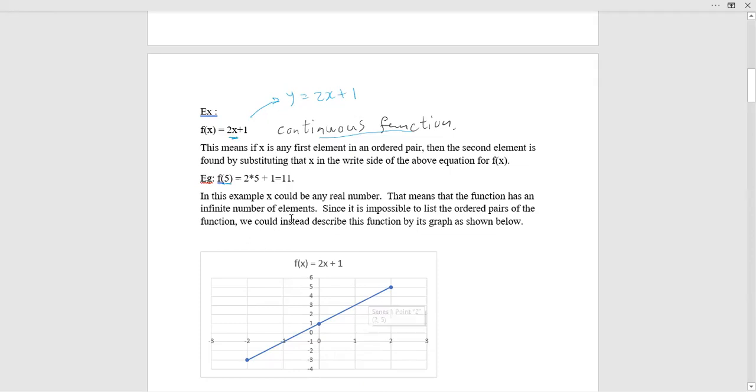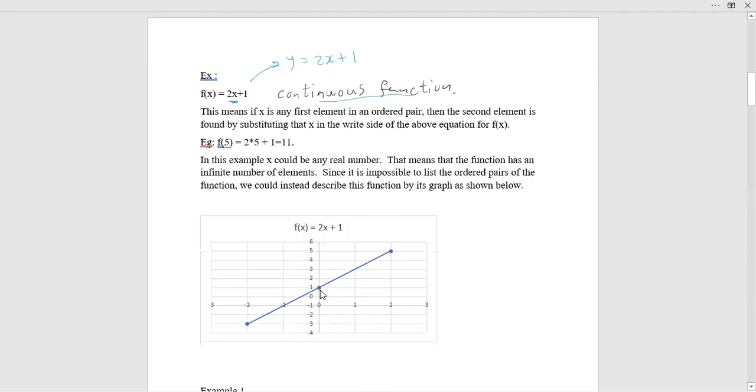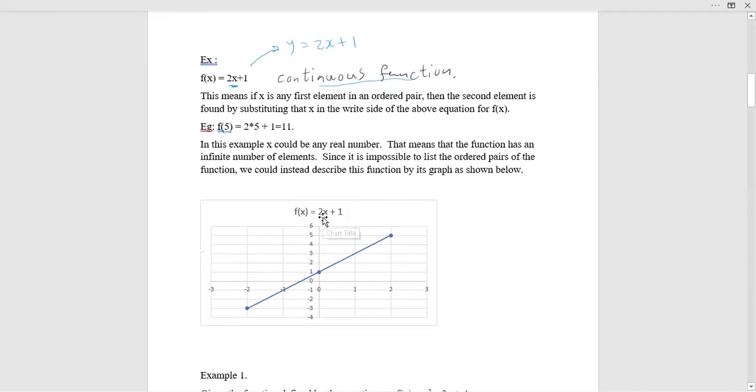Therefore, instead of writing it like ordered pairs, we can draw the function like this. We know it is a straight line with positive slope, and it has y-intercept at 1. We learned how to draw straight lines, right?